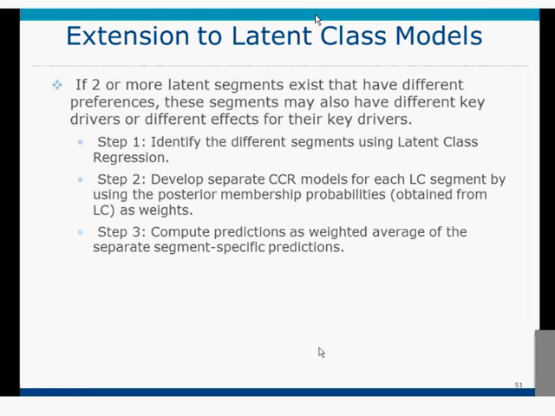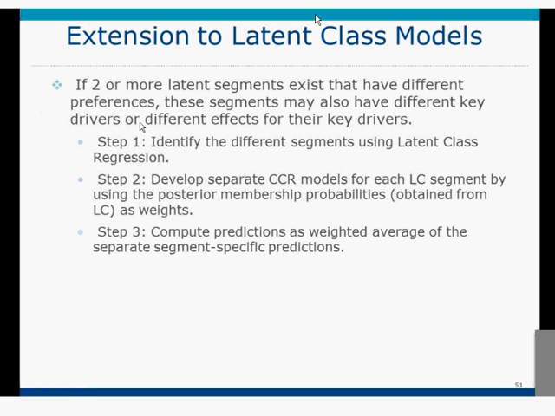So, in general, introducing this subject, if 2 or more latent segments exist in the data that have different preferences, these segments may also have different key drivers or different effects for their key drivers. In other words, different regression coefficients. So if we just have a model that assumes that regression coefficients are the same for everybody in the sample, it may be missing the fact that there may be different segments with different coefficients.